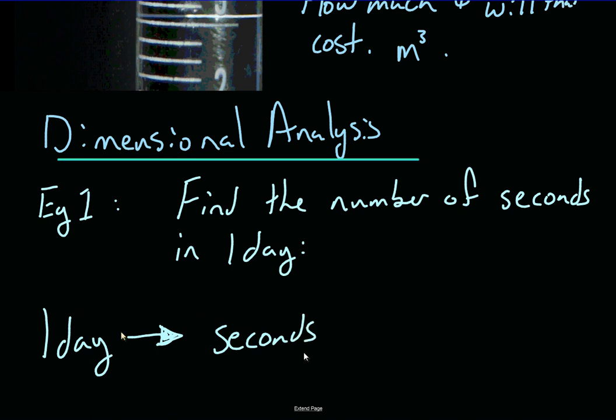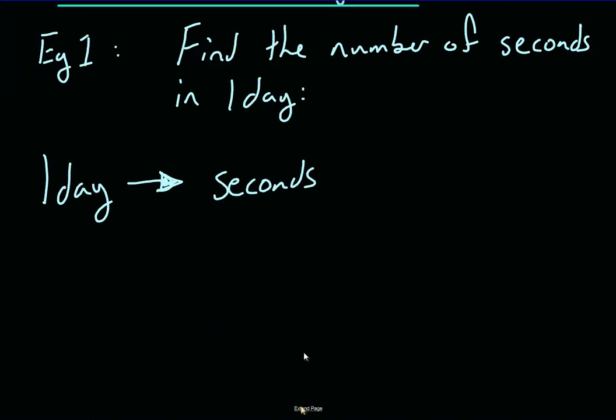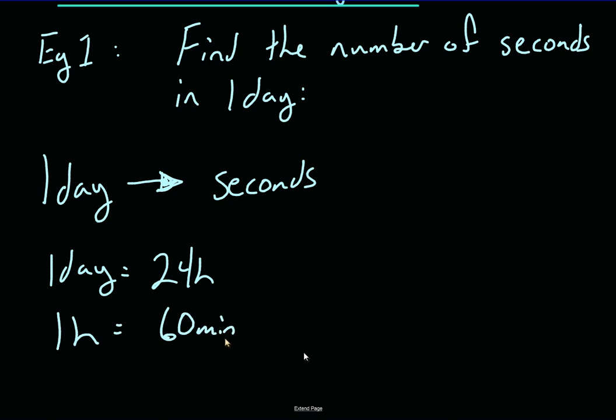So I like to write out what we need here. Now you're going to need some conversion factors along the way, right? We know that 1 day is exactly the same as 24 hours. We know that 1 hour is exactly the same as 60 minutes. And we know that 1 minute is exactly the same as 60 seconds.